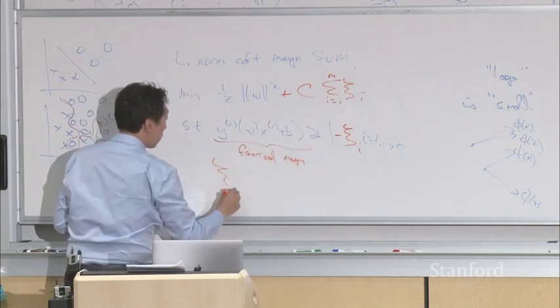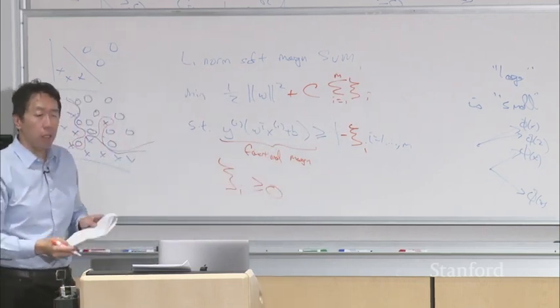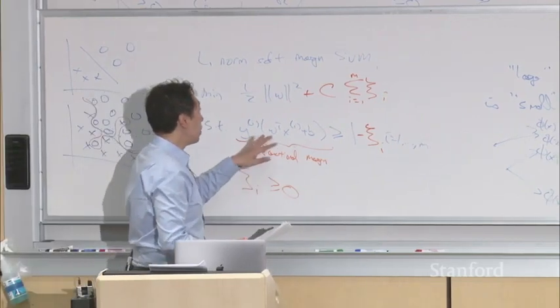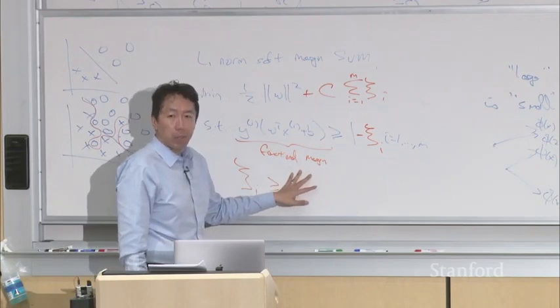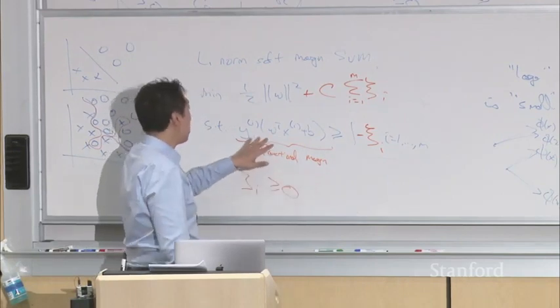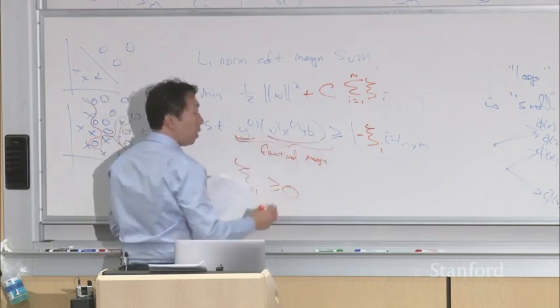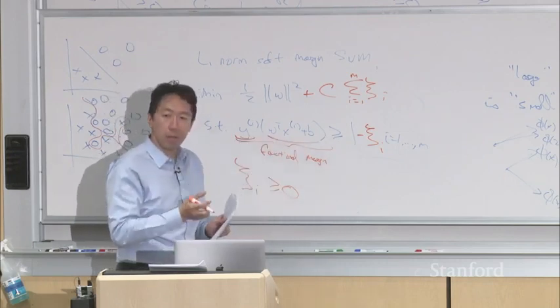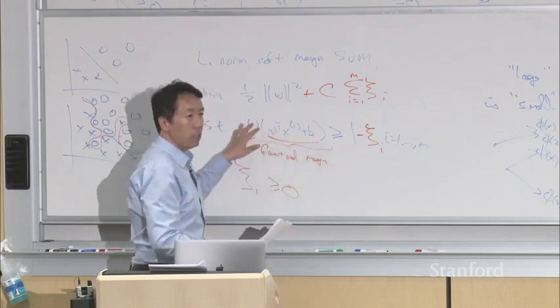where these xi_i are greater than or equal to 0. So remember, if the functional margin is greater than or equal to 0, it means the algorithm is classifying that example correctly. So long as this thing is greater than or equal to 0, then y and this thing will have the same sign, either both positive or both negative. That's what it means for a product of two things to be greater than 0.